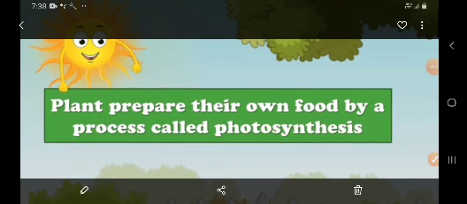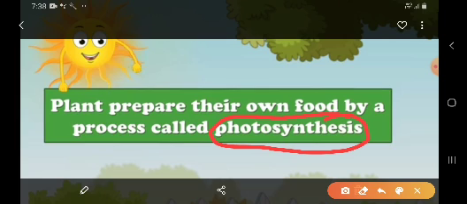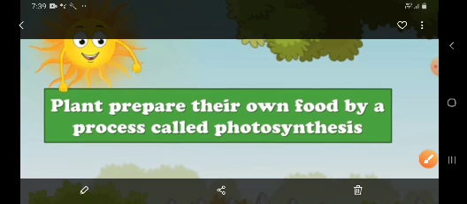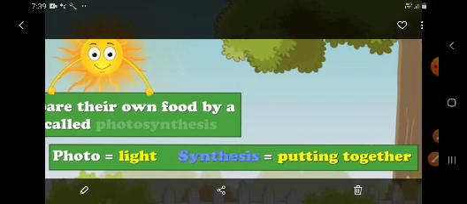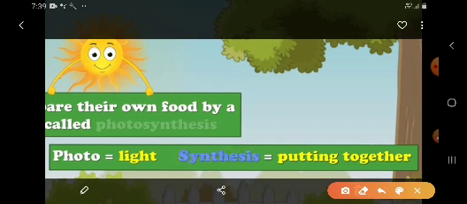So children, what is photosynthesis? Photosynthesis is a process by which plants prepare their own food. Let us see what this photosynthesis is. Now children, photo means light.